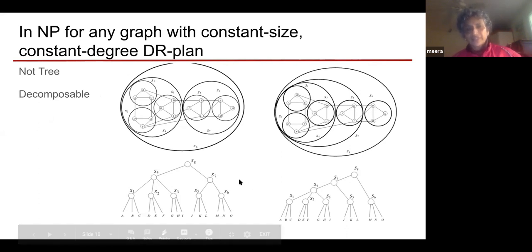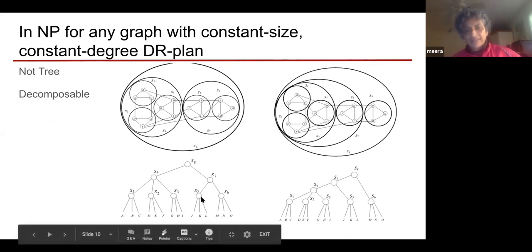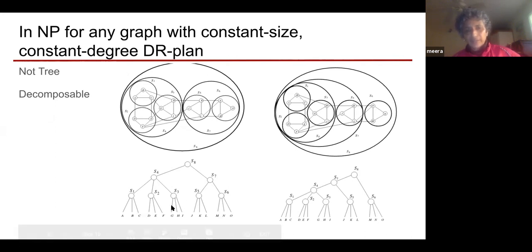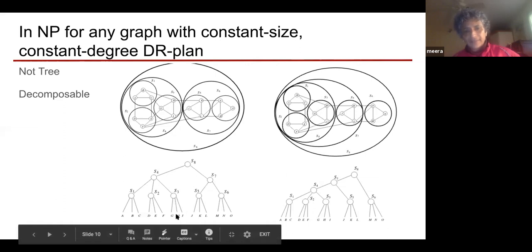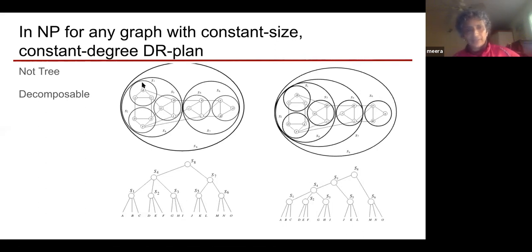And so essentially, if you have a constant size DR plan, which means that at each node, when you decompose it into its sub-rigid subgraphs, each of which has a constant number of solutions, you have only constantly many subgraphs within each subgraph. So as shown here, there are at most 3 subgraphs within each subgraph here.